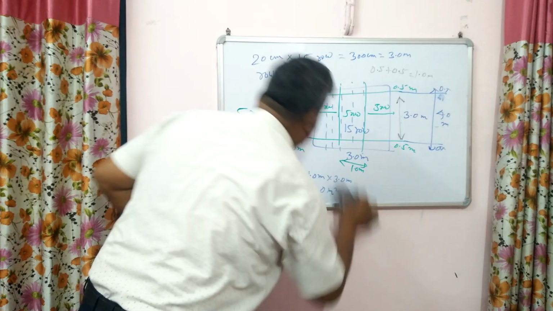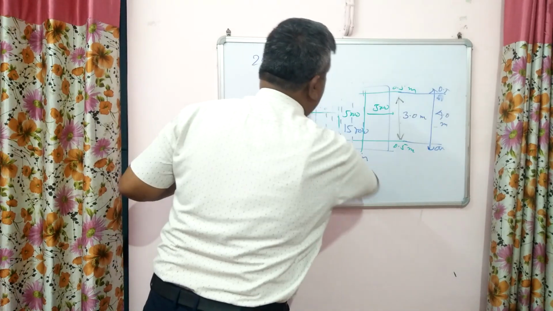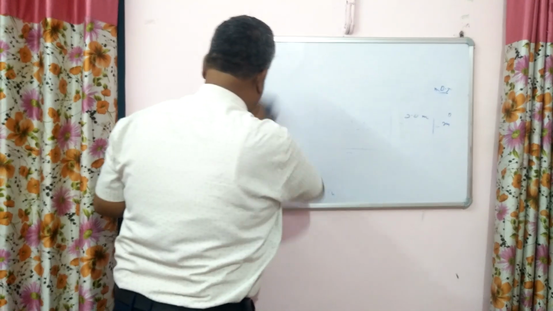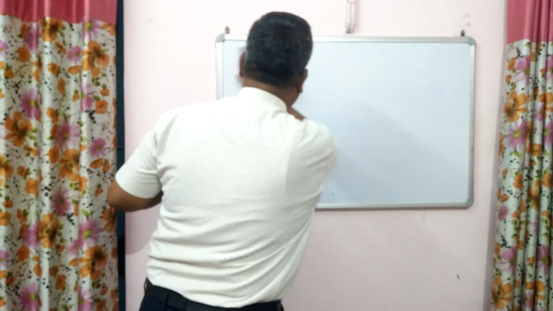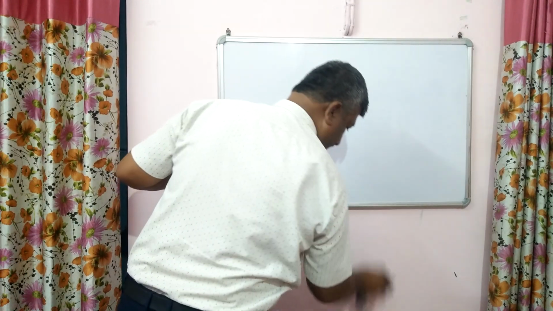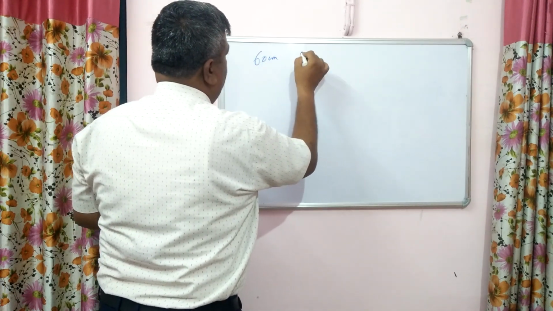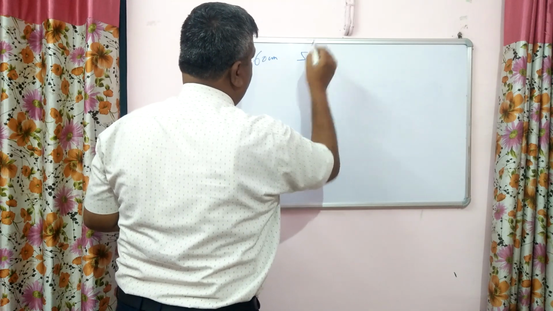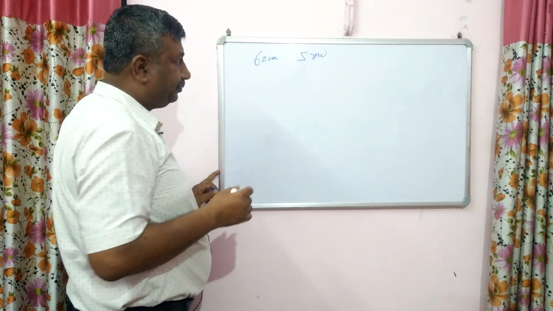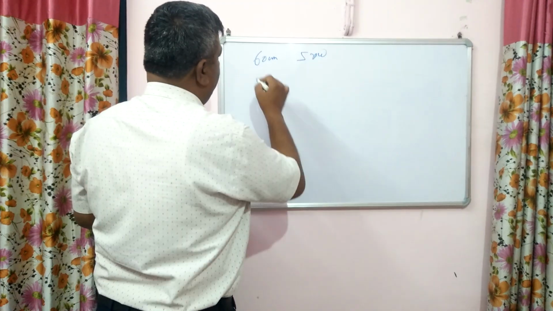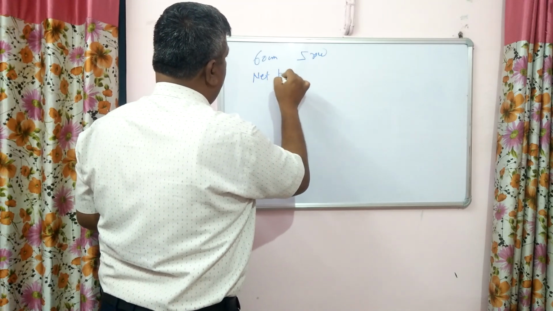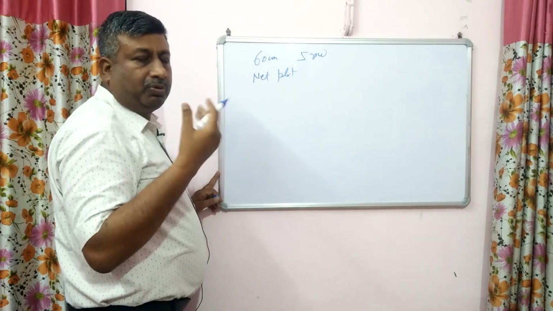Now suppose it is a maize crop, then what would be the gross plot and net plot area? Suppose maize is planted at 60 centimeter and 5 rows are planted, and net plot only 1 row. अब यहाँ देखिए, 4 रो तो खत्म हो ही जाती है.